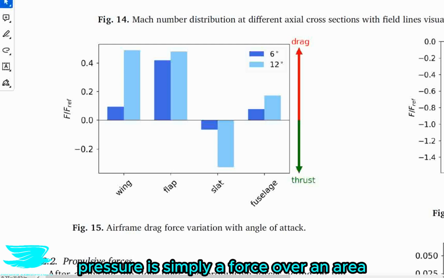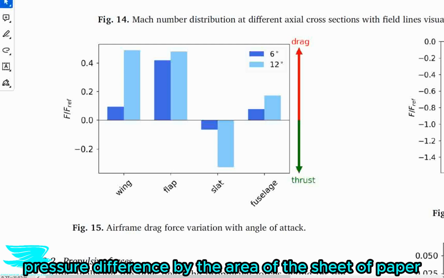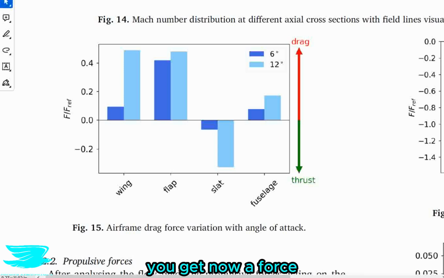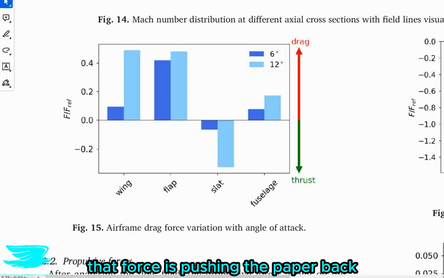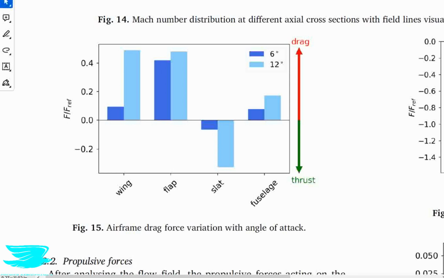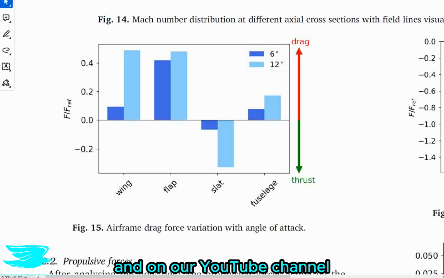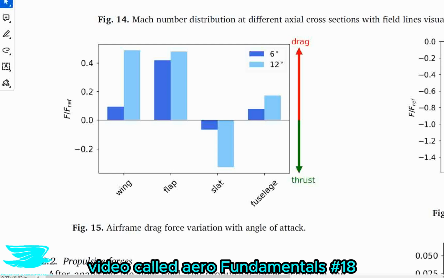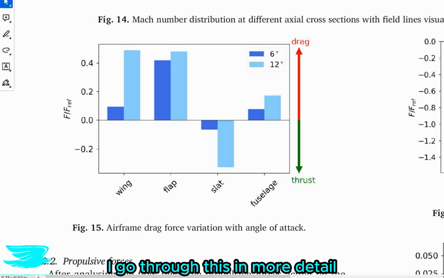And we know that pressure is simply a force over an area. So if you were to multiply this pressure difference by the area of the sheet of paper, you now get a force. That force is pushing the paper back. That is pressure drag in a nutshell. And on our YouTube channel, there's a video called Aero Fundamentals number 18, Airfoil Drag Explained. I go through this in more detail as well as the skin friction drag.